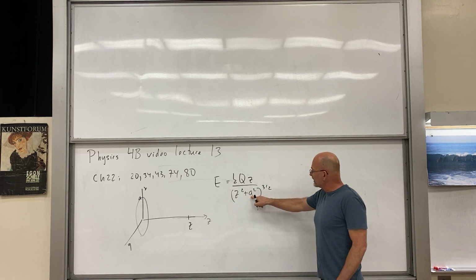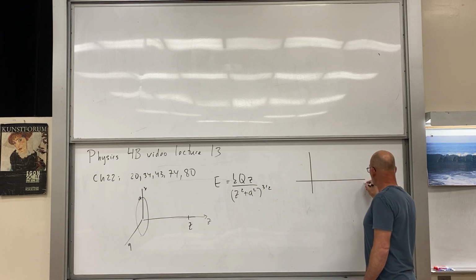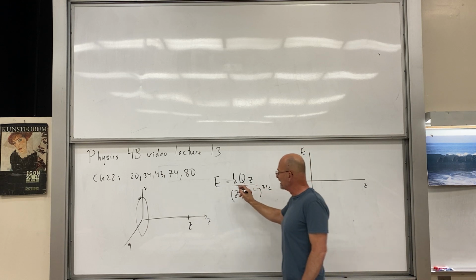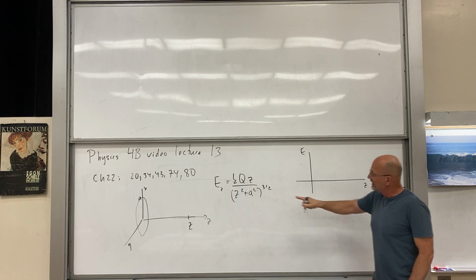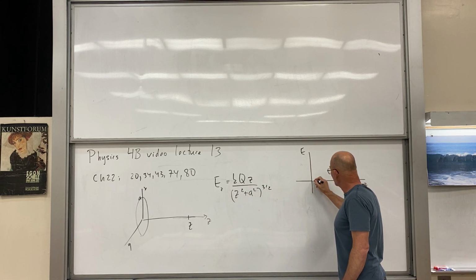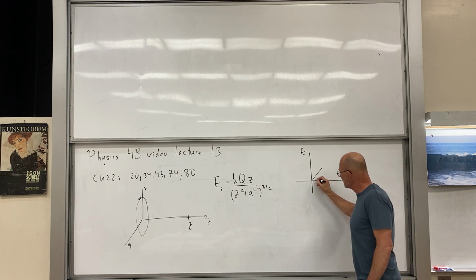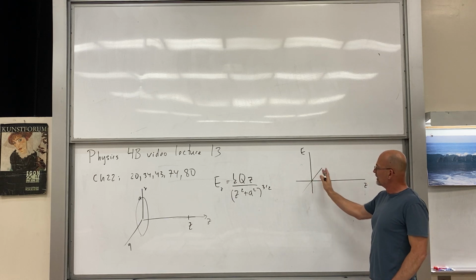So if you graph this thing, say now E is a function of z, this is E sub z along the z axis. Then you'll see for small z, it grows linearly. And actually, the negative axis is going to do the same thing.